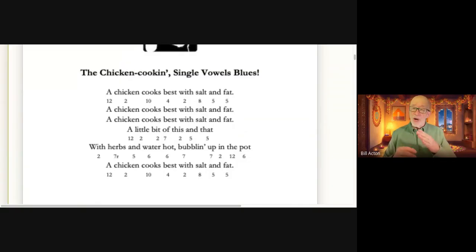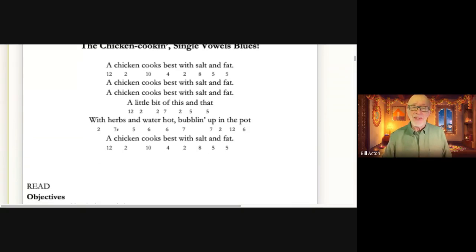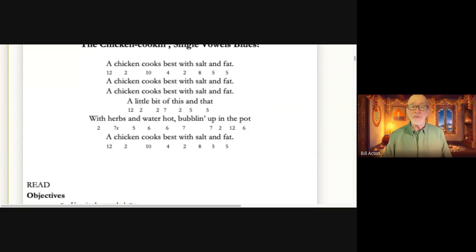You can't see how far my hand is going down, about as far as it can go, starting at my heart, going down, fully extended, off screen there. All right, let's do that line. Chicken cooks best with salt and fat. All of those are single vowels.